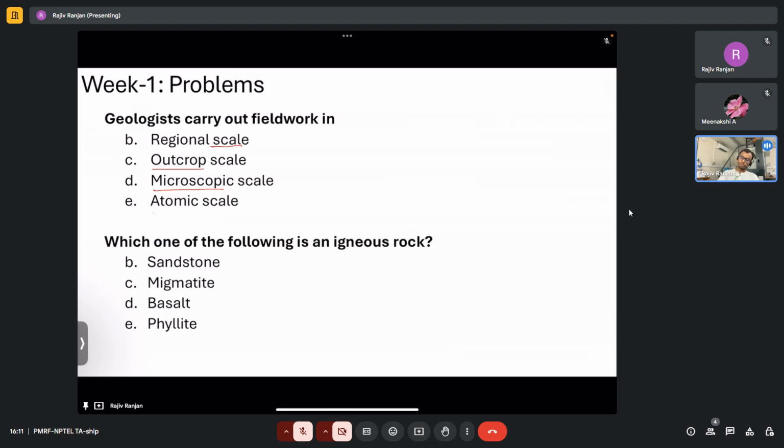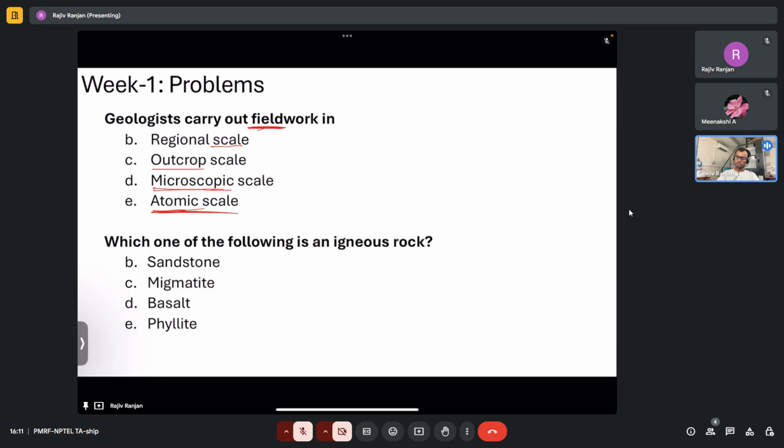Okay, I will go through the options one by one, and see why each is correct or incorrect. I will start from the last one. Atomic scale: when we go to the field, we do not look at the atomic scale. That is important in material science and engineering, when you do TEM, transmission electron microscopy, and try to see at the atomic level.